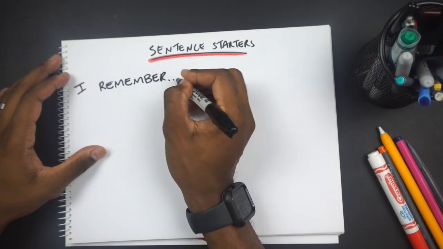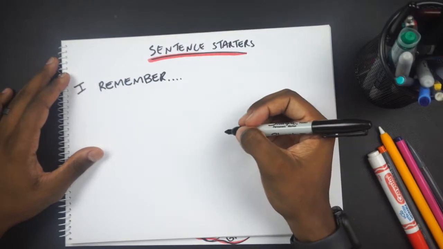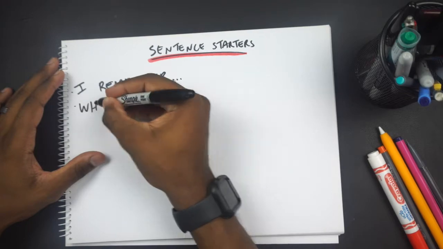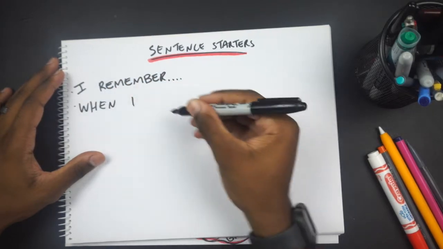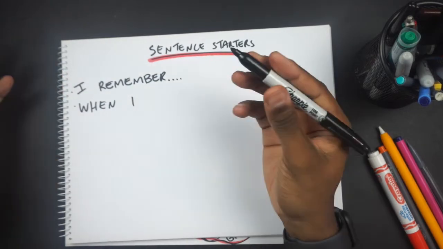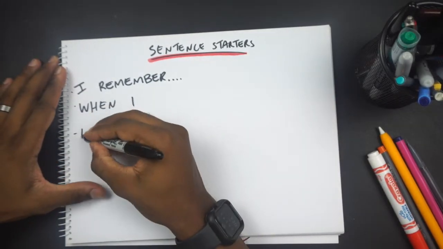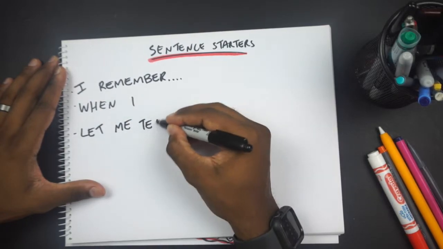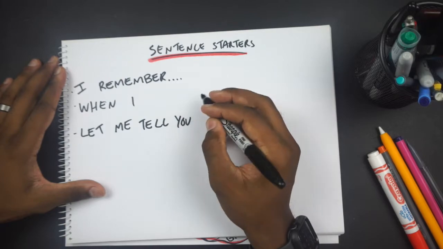I remember when I was rowing a boat with my uncle. I could say, when I was younger, I fell on my bicycle. I could say, let me tell you a story about when I was in school. I got really sick and I threw up on some of my classmates. It's actually a true story.